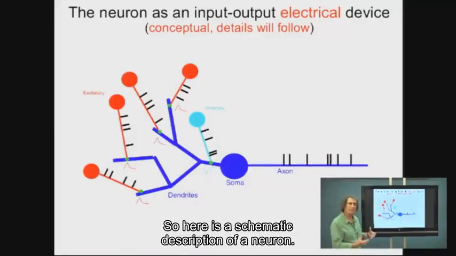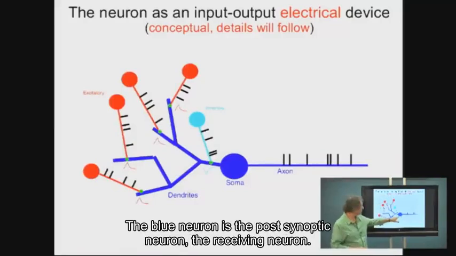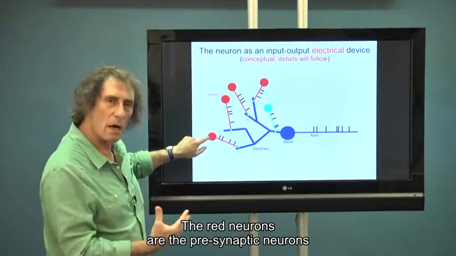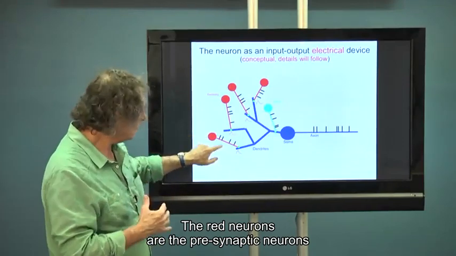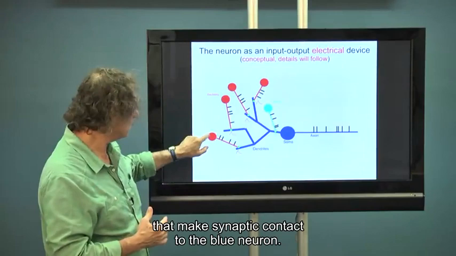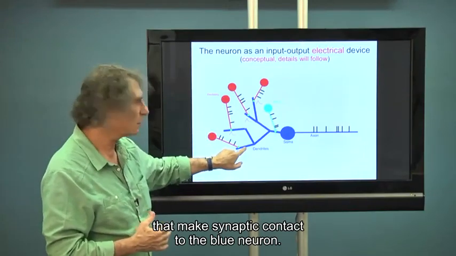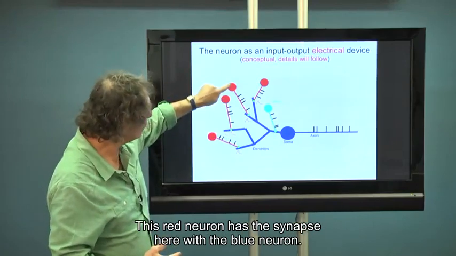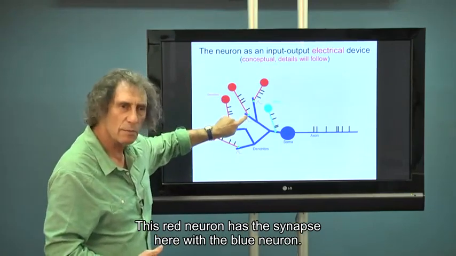So here is a schematic description of a neuron. The blue neuron is the postsynaptic neuron, the receiving neuron. The red neurons are the presynaptic neurons that make synaptic contact to the blue neuron. So the red neuron has a synapse here with the blue neuron. This red neuron has a synapse here with the blue neuron.